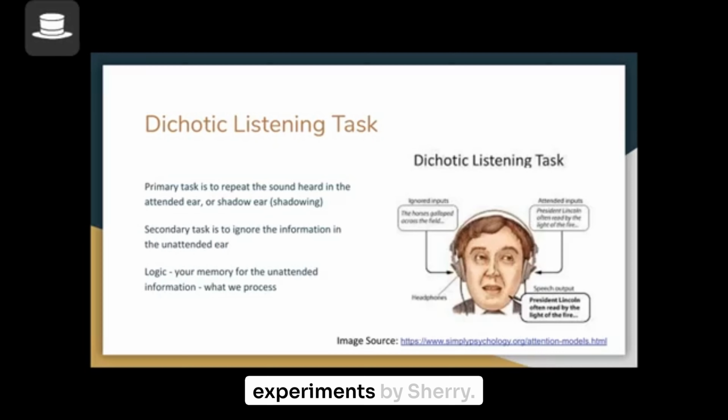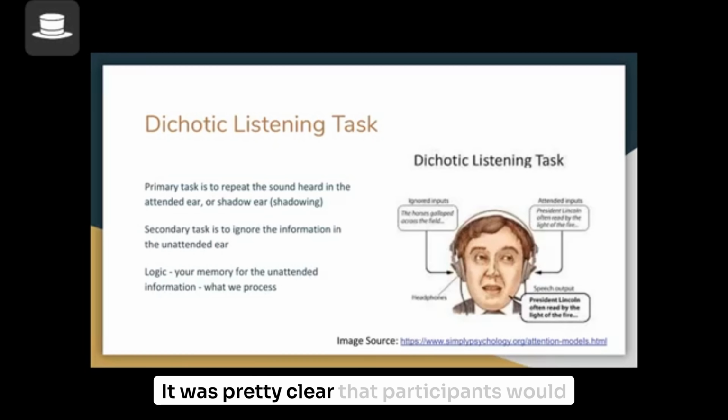In the earlier experiments by Cherry, it was pretty clear that participants would actually report some aspects of the unattended ear, but not all. For instance, they could point out that it was a male voice or a female voice, or whether it was English or another language, but they were unable to pinpoint the meaning conveyed in that sentence.